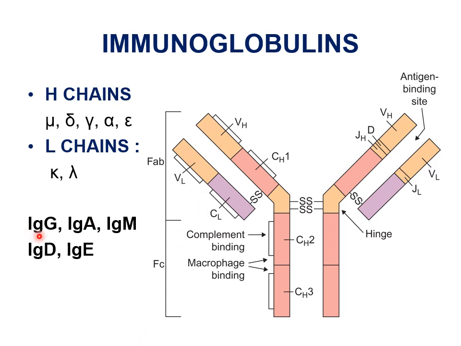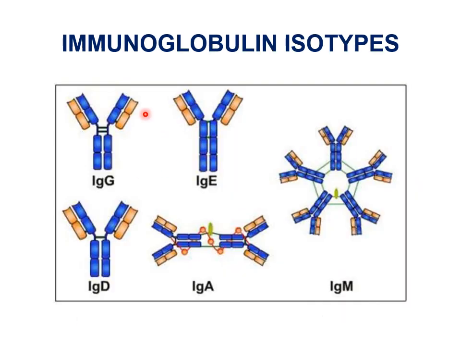We have immunoglobulin G, A, M, D, and E, and usually immunoglobulin G, E, and D are monomers. Immunoglobulin A is a dimer, and immunoglobulin M is a pentamer. This is important to remember because immunoglobulin E is bigger and has a somewhat different way of interacting.